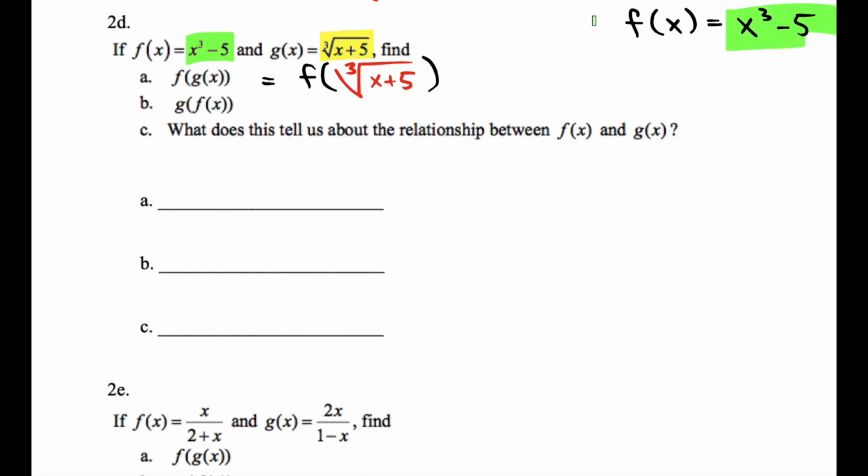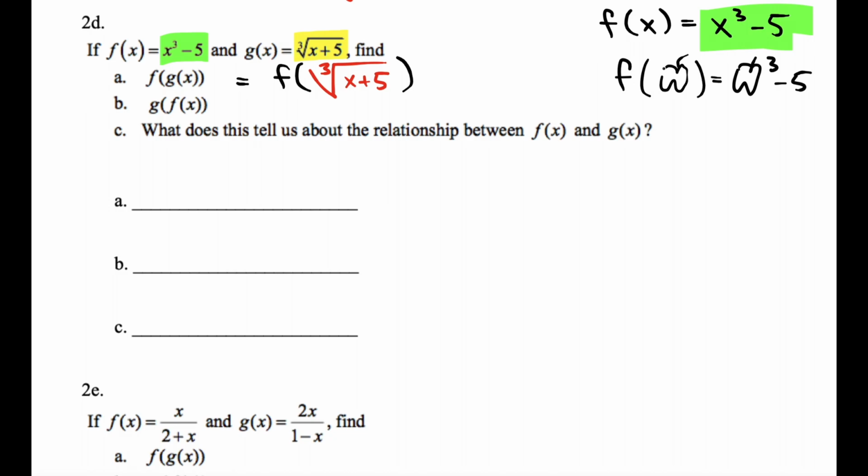Now, if they had said, what's f of apple? Then that would be apple cubed minus 5. But what we're doing is plugging one function into another. So we're finding this, f of cube root of x plus 5.